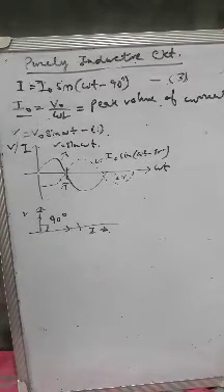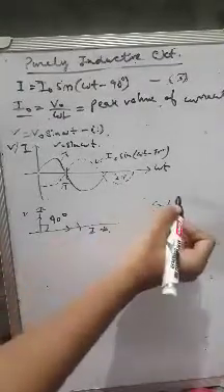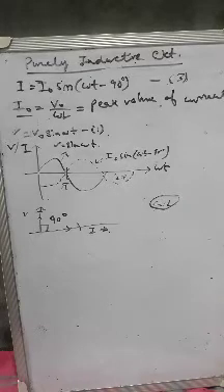Students, the second part that we come to after deriving the equations is that the quantity omega L plays the same role in an inductive circuit as the resistance R in a resistive circuit. This quantity, omega L, is known as the inductive reactance of an AC circuit.